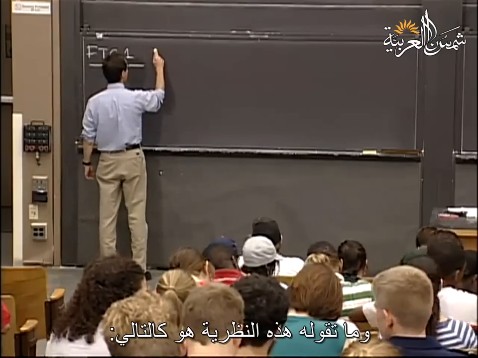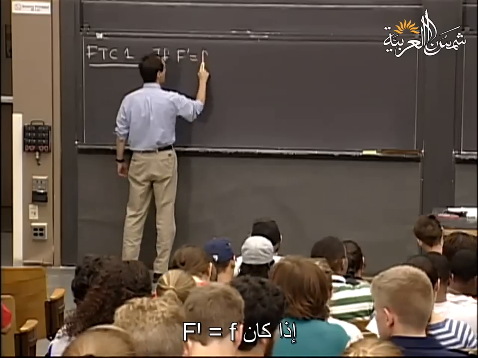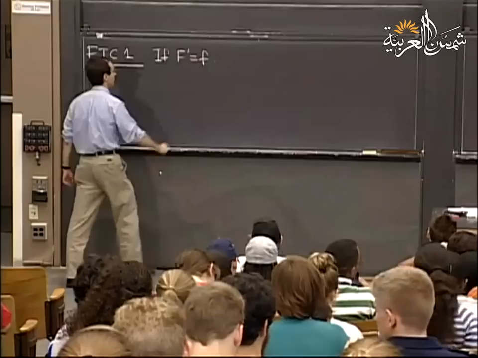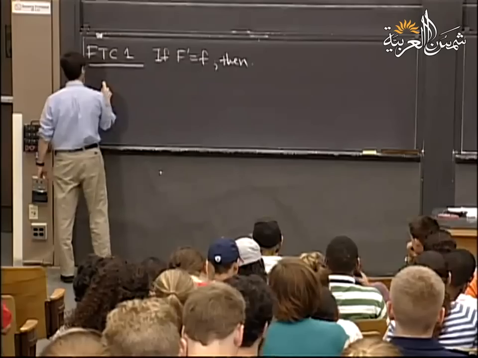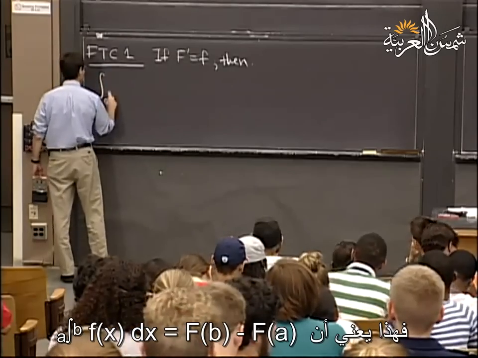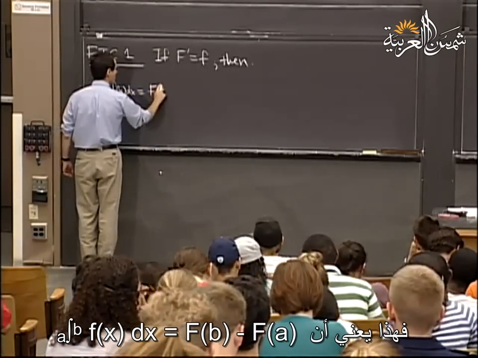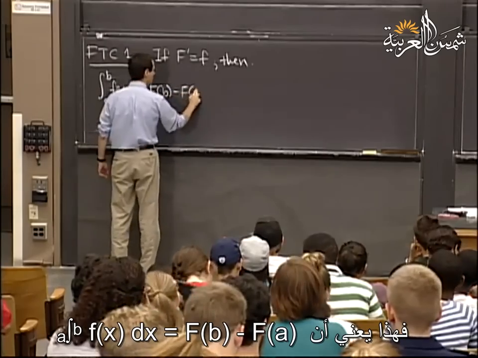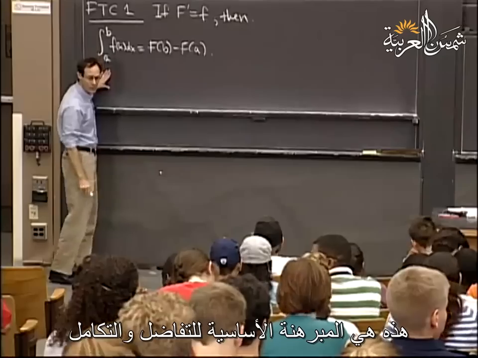And what it says is this: if F prime is equal to f, then the integral from a to b of f of x dx is equal to F of b minus F of a. So that's the fundamental theorem of calculus.